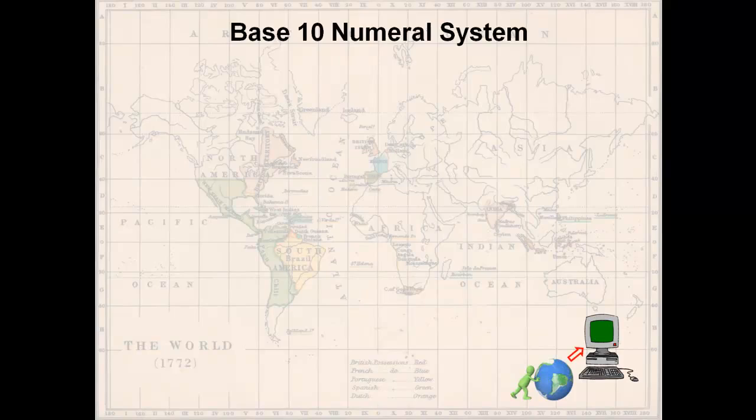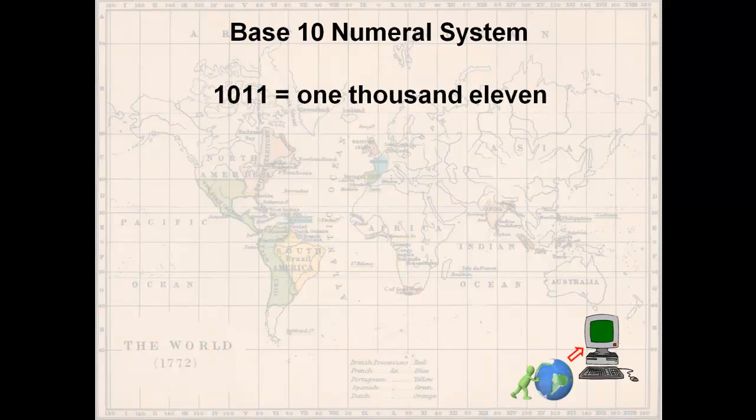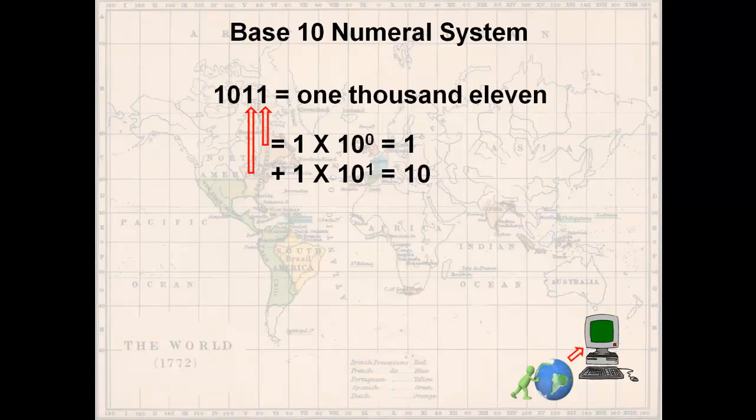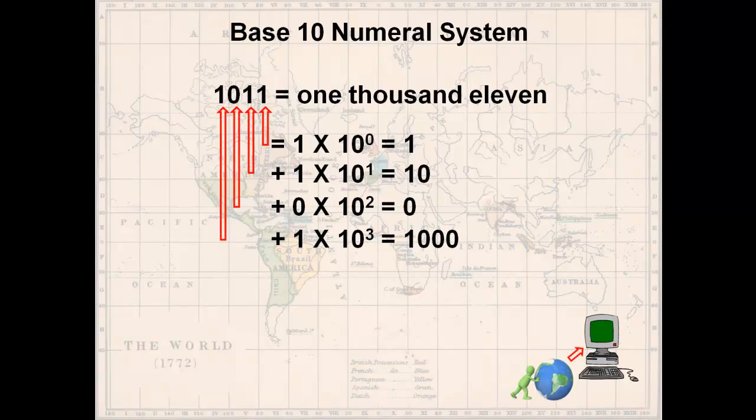In the base 10 numeral system, you're all used to that. 1011 in base 10 is 1011. Straightforward, everyone remembers that. It's 1 times 10 to the 0, notice that's 10 to the 0, plus 1 times 10 to the 1, plus 0 times 10 squared, plus 1 times 10 to the third.